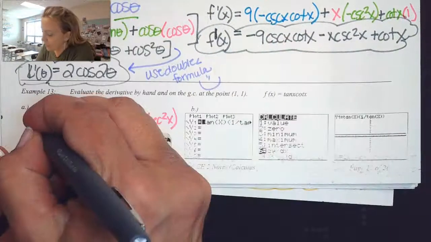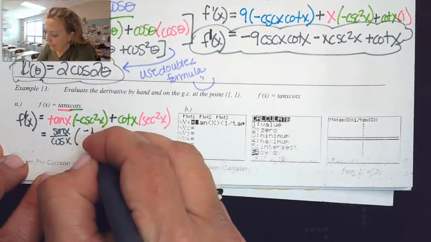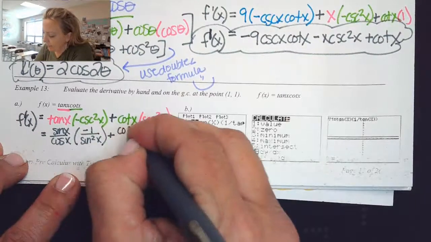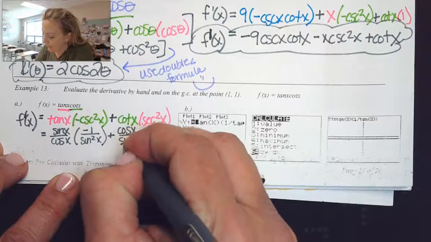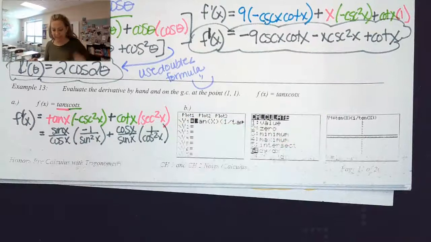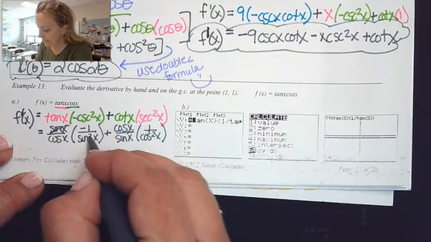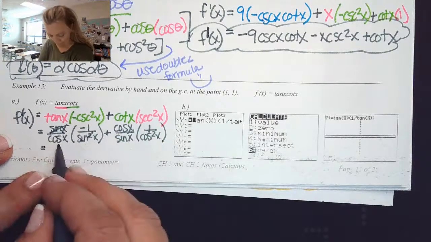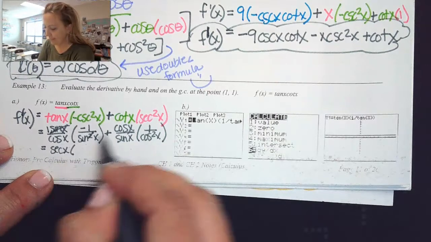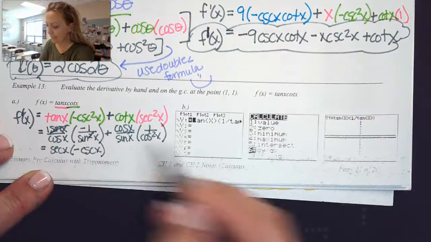I'm sorry. So tangent x would be sine of x over cosine of x. And then this would be -1 over sine squared of x. This would be cosine x over sine of x. And this would be 1 over cosine squared x. And so let's see what we've got here. One of the sines cancels, so this 1 over cosine of x is really going to be like secant x. And this -1 over sine of x is really going to be like negative cosecant x.